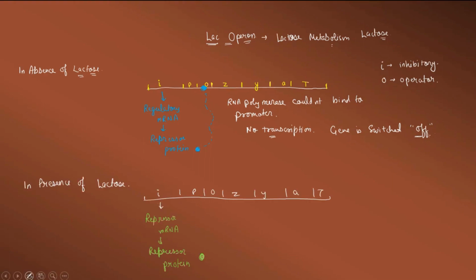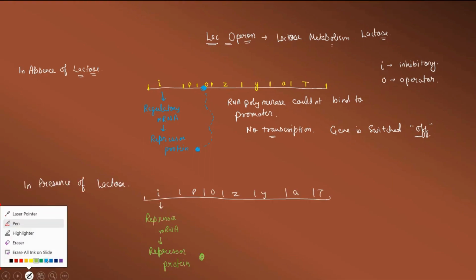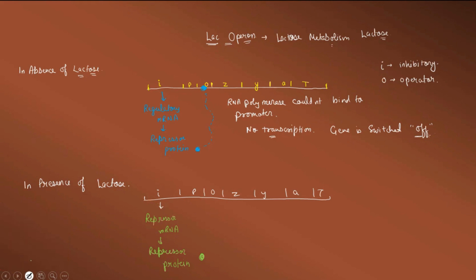Now this is the situation in the presence of lactose, right? The lactose is present in the medium. This is your lactose molecule. The lactose present in the medium acts as an inducer. So what it will do is bind with the repressor protein.